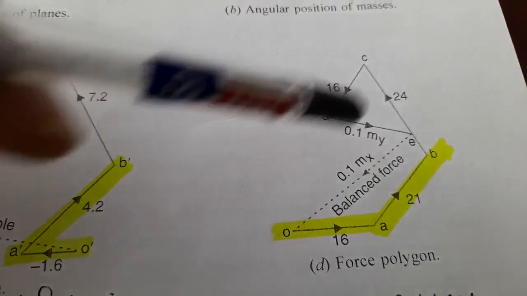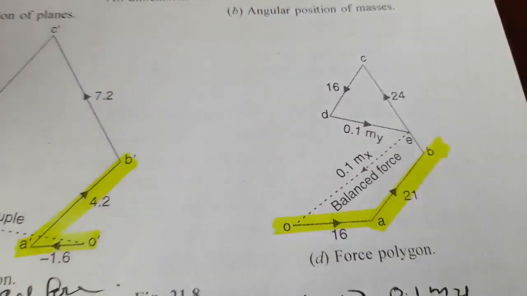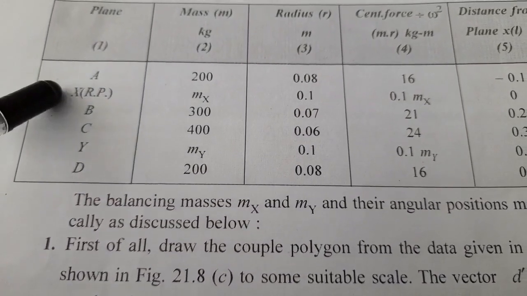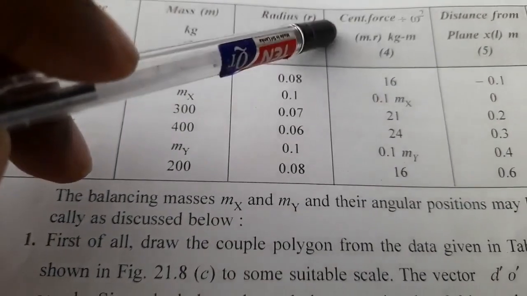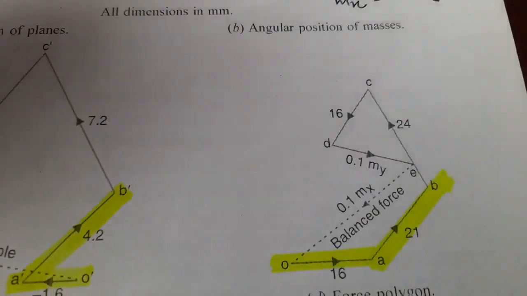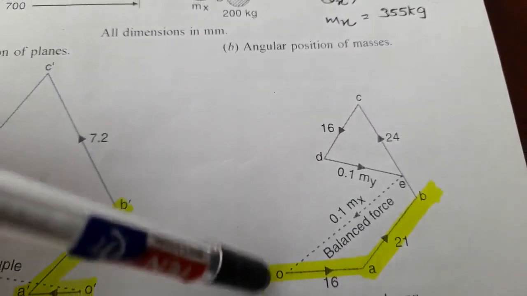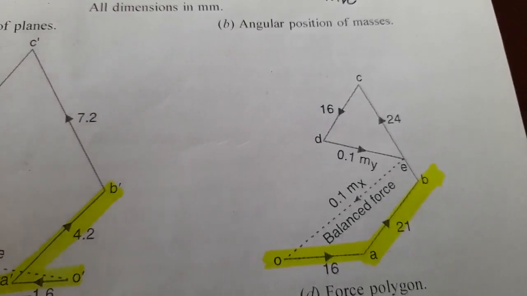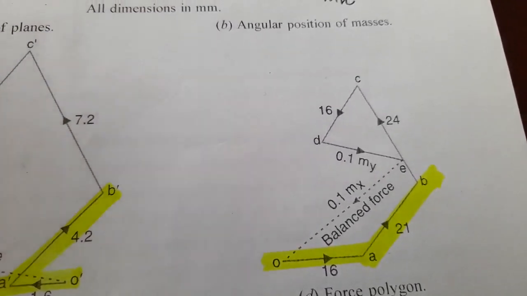That will indicate the centrifugal force because of the mass mx kept at the reference plane x, and we know the value of that centrifugal force, 0.1 times mx. So now our force polygon is closed, and it includes all the centrifugal forces.